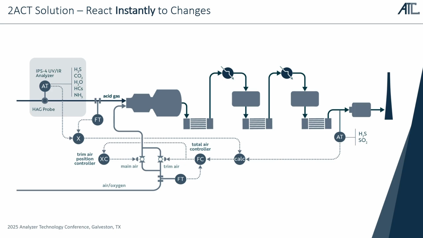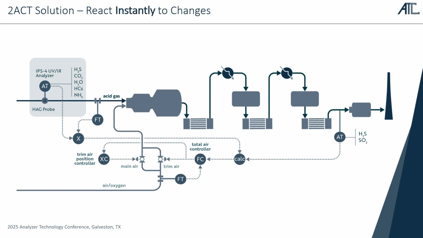So as Rob mentioned, in a classic approach, there's a feed-forward and a feedback control loop in a sulfur plant. Feed-forward control loop only works on a flow measurement of the acid gas coming in that controls directly the main air control valve, which is the bigger valve of the two.